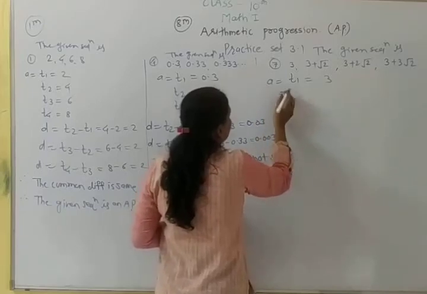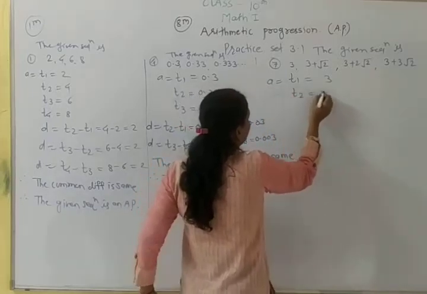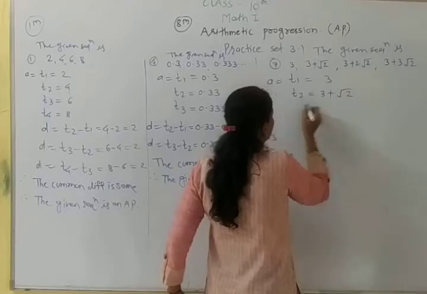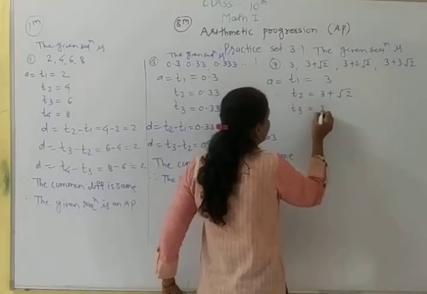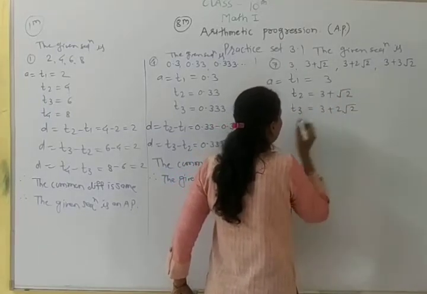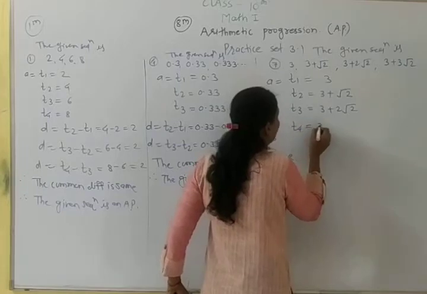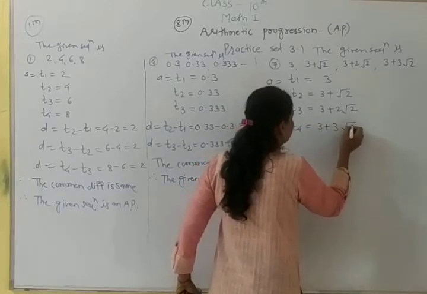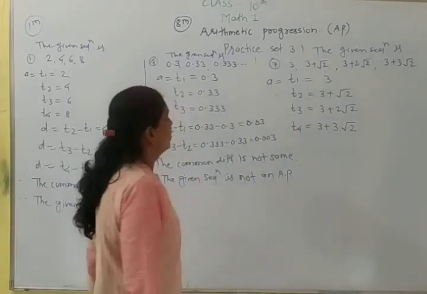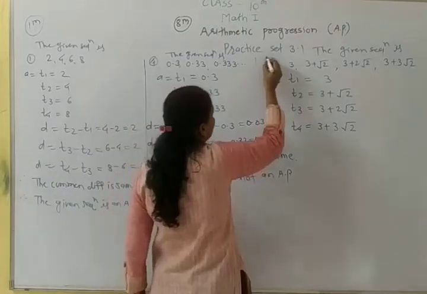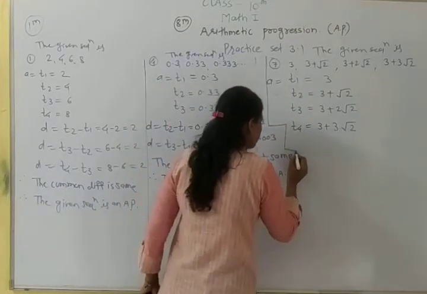Then T2 equal to 3 plus root 2. T3 equal to 3 plus 2 root 2. And T4 equal to 3 plus 3 root 2. Then find the difference between two consecutive terms.